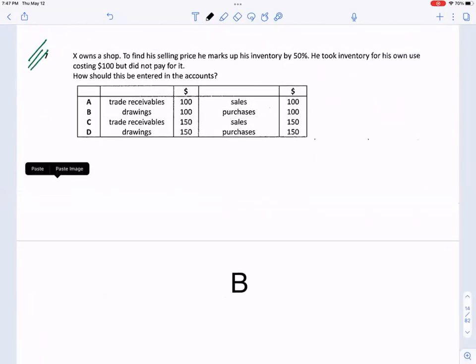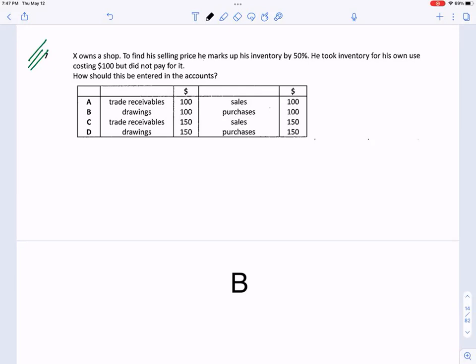Seventh one, what are they trying to tell us? Somebody explain to me. X marked up his inventory by 50%, and then he took out inventory for his own use, costing 100, but did not pay for it, which is drawings.